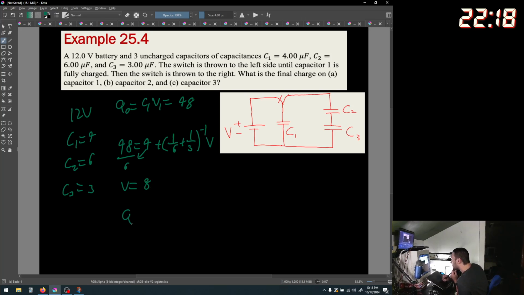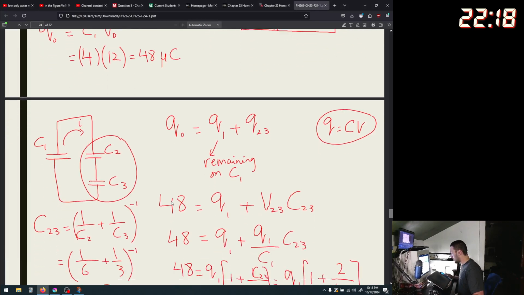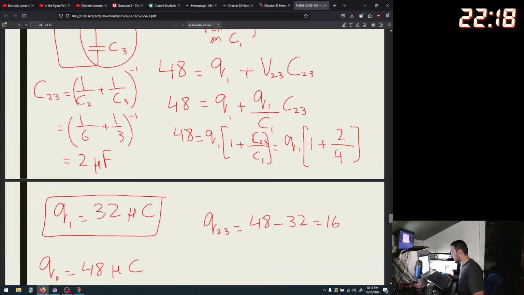Now, Q1 equals C1 V1. We call that V1. So capacitor 1 is going to be 4 times 8, which is 32. Yep.